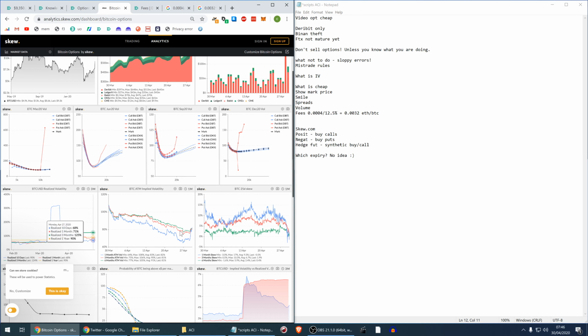However, in anticipation of big events like halving, which is well anticipated and at least partially priced in.